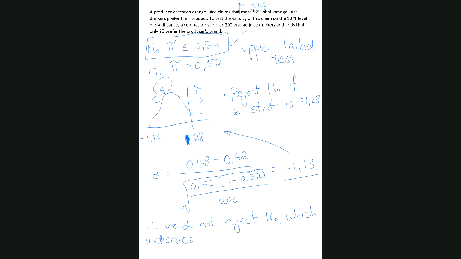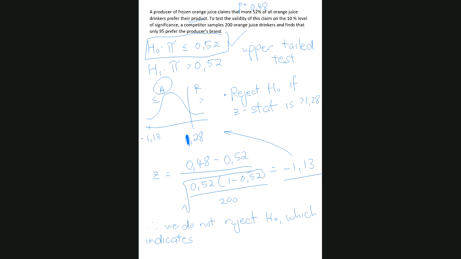So the null is saying that it's actually 52% or fewer of people that prefer orange juice from this particular producer. So it's actually fewer or equal to 52% people that prefer their product.